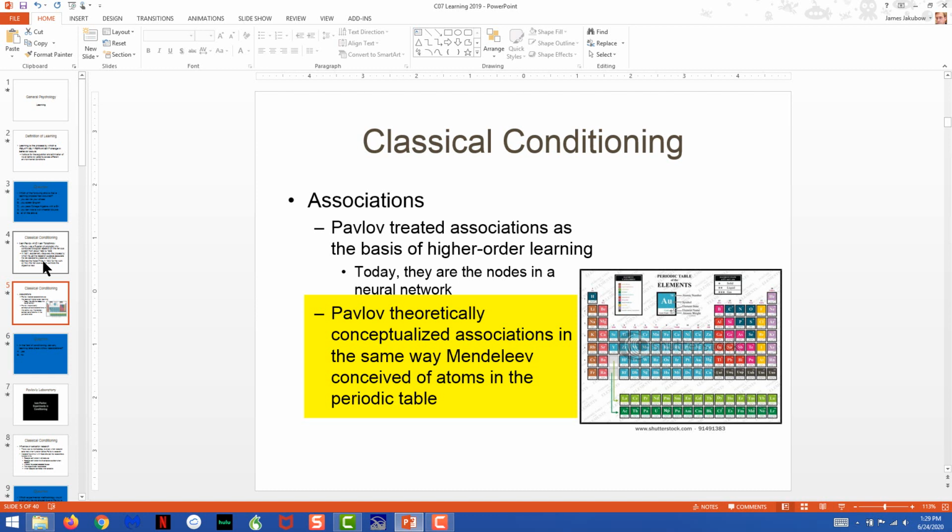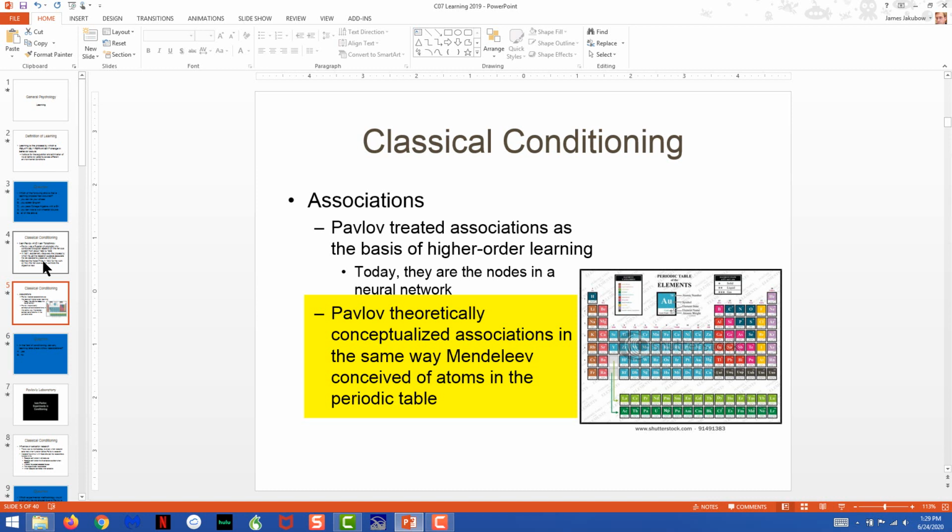Later on, when Pavlov graduates and gets a position at the same university, he becomes colleagues with Mendeleev. And Pavlov's brother, Dmitri, actually becomes the laboratory assistant of Mendeleev. So Pavlov is actually very aware of the concept of atoms.